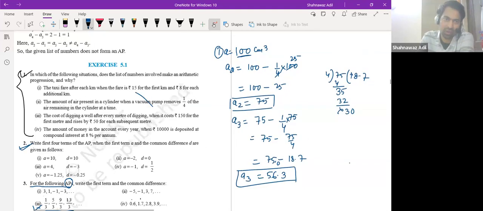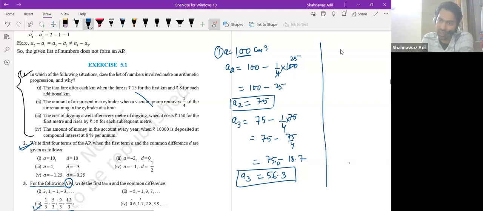You can also assume that the volume of the air initially was A. Then after removing 1 by 4, the volume would be A minus 1 by 4 of A, so that would be A minus A by 4, which is 3A by 4. You can also do this. So this is the first term.